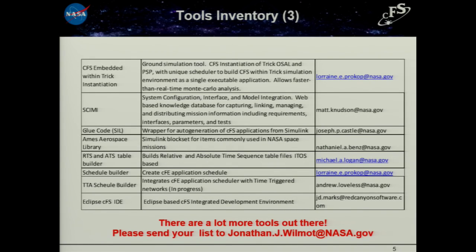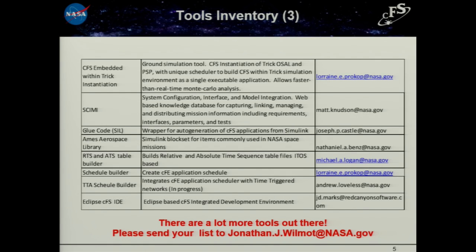There's another one, the CFS embedded within Trick, and that's very similar in that it has an abstraction layer, and the CFS code runs on top of it, and you can run it faster than real time. You can do Monte Carlo runs through it, and you can pause and do all that kind of stuff. So very handy. I'm not sure if that's open. It is in the process of being opened. It's been actively upgraded this year to the current Trick and current CFS.